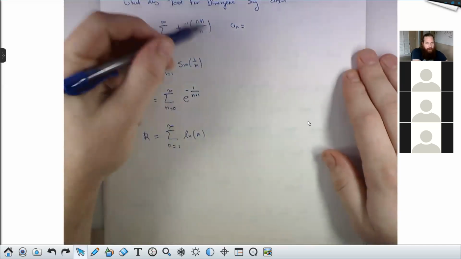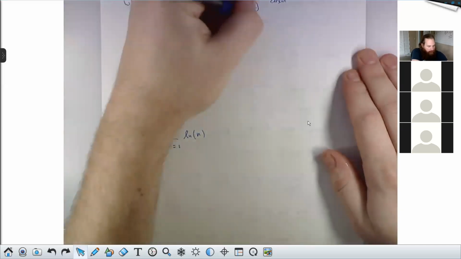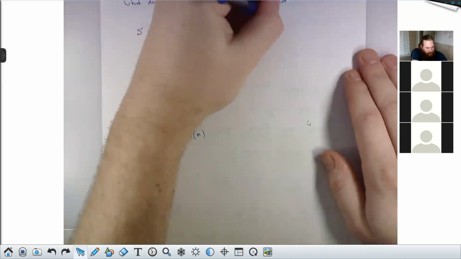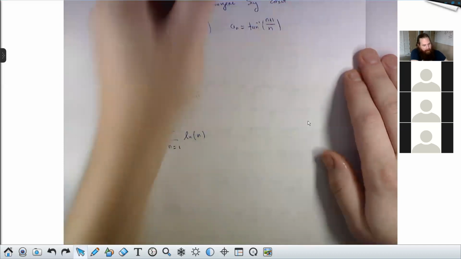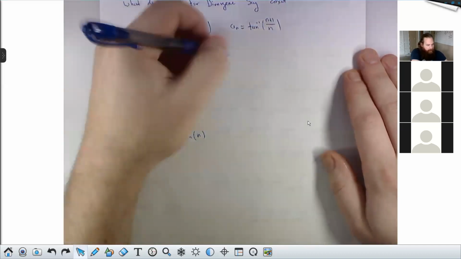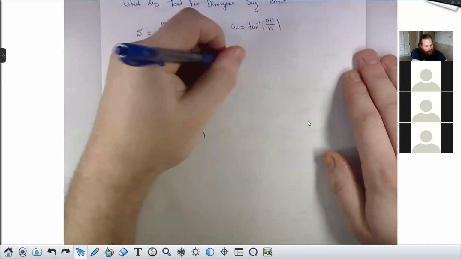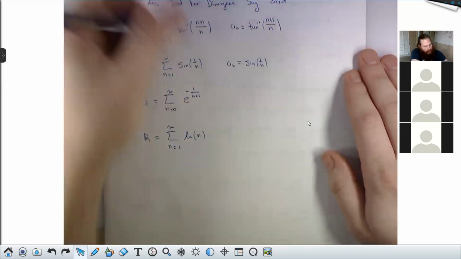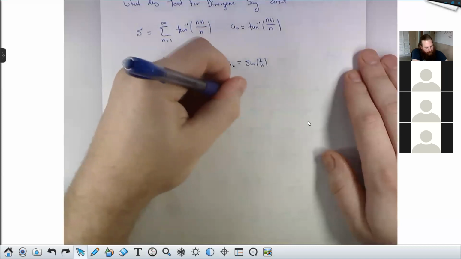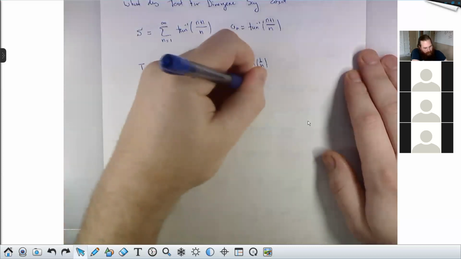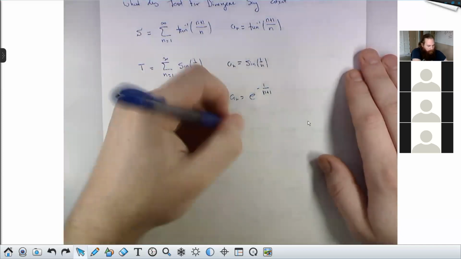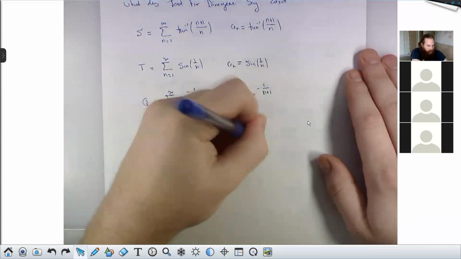AN is the stuff we're adding up. AN is the inverse tangent of (n plus 1) over n. In the second series, AN is the sine of 1 over n. In the third series, AN is e to the negative 1 over (n plus 1). And in the fourth series, AN is just the natural log of n.